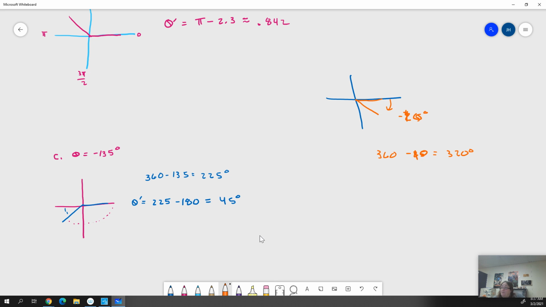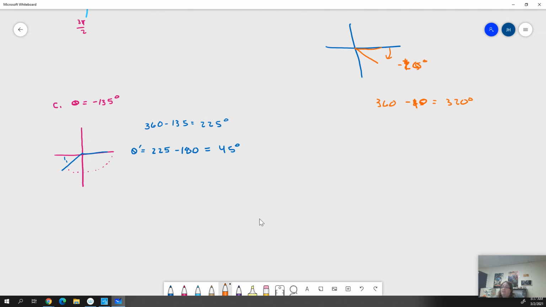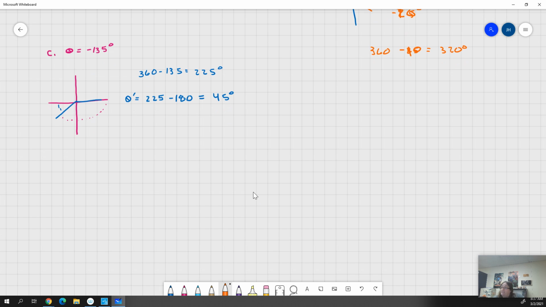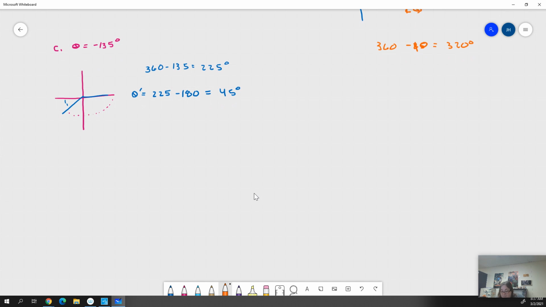I'm going to have you guys do a couple of checkpoint problems. I want you to give this a shot before we leave here. Expect to be called on at some point. So I'm going to give you 3 problems. I did one of them, so I'm going to change it. A is theta equals 300 degrees.